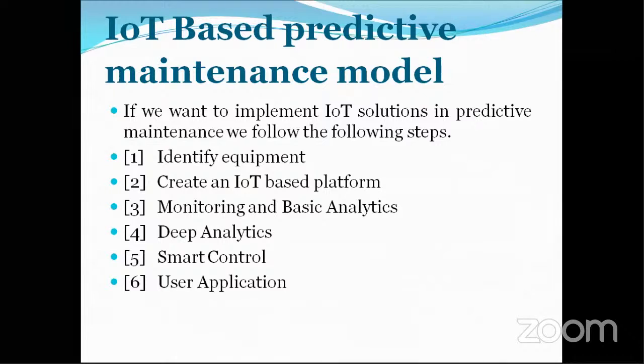Then we monitor the data and give some basic analysis like mean, mode, standard deviation, and data behavior. After that, we use deep analytics like machine learning and artificial neural networks to create the prediction model. After that, we create the smart control, and finally we create the user application.